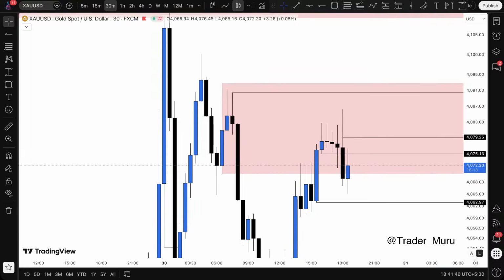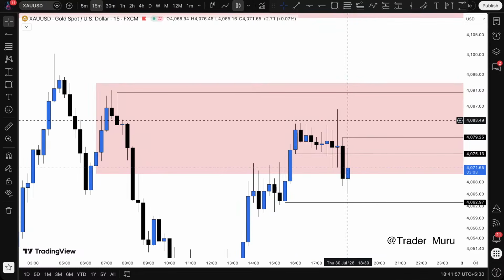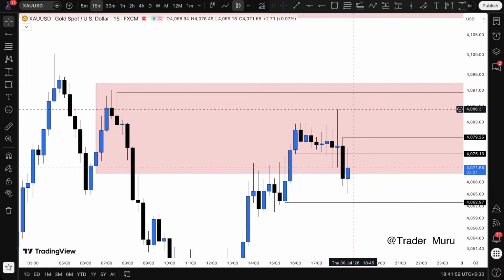Okay, so this is the 30-minute closing. 15 minutes should not close above this high, otherwise it will test this wick again.